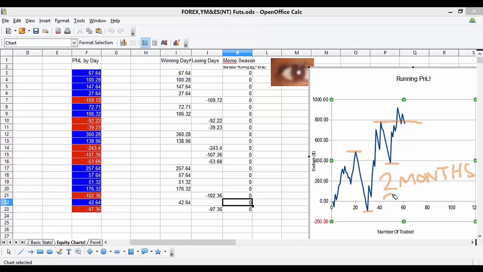That means I'm going to have to do another 2 months to pass funded trader prep, and then another 2 months to build the necessary cushion to be able to start withdrawing a check. So we've done 1 of 6 months at this pace.